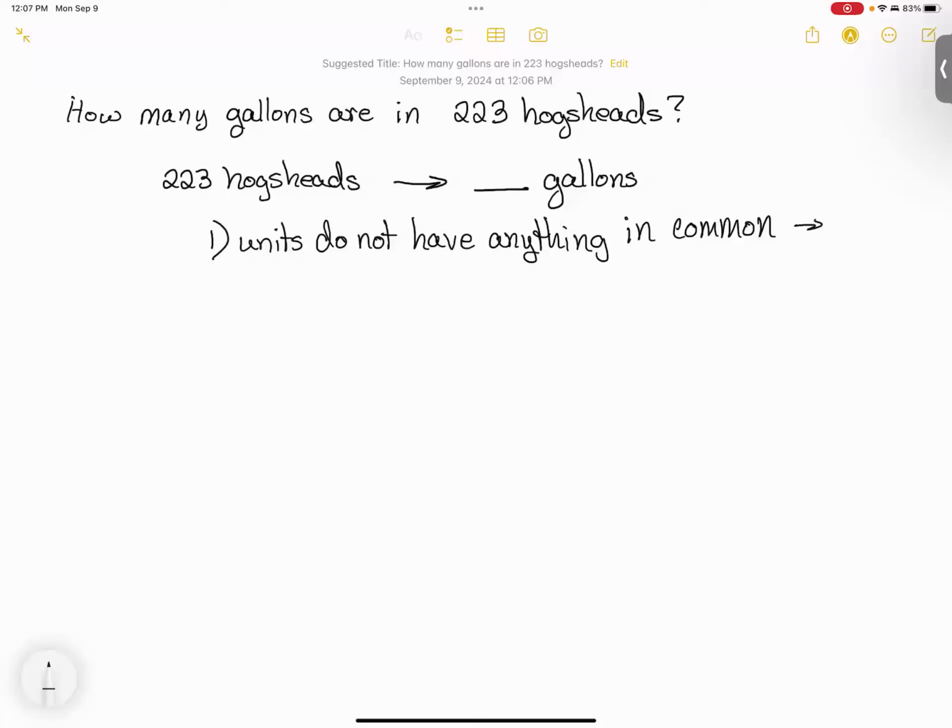So that means we're using the English to metric conversions. So I go to my English to metric table and I see it says 63 gallons equals one hogshead. That is the conversion factor I'm going to need.